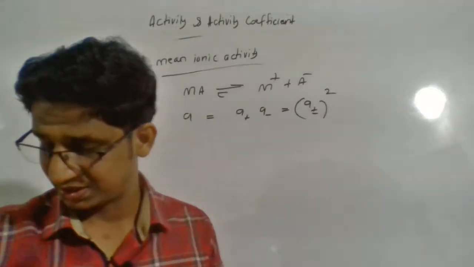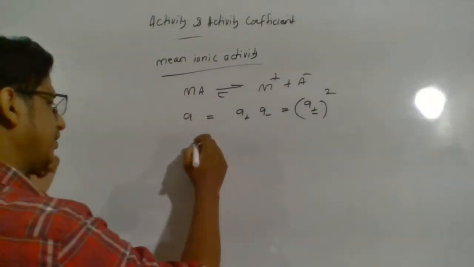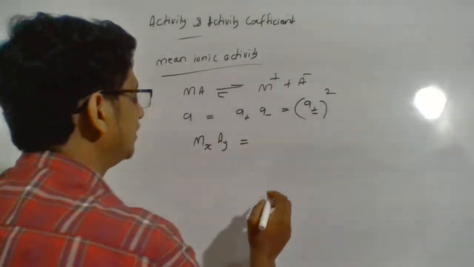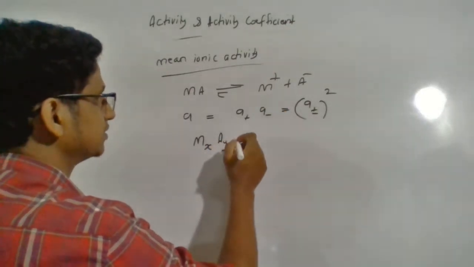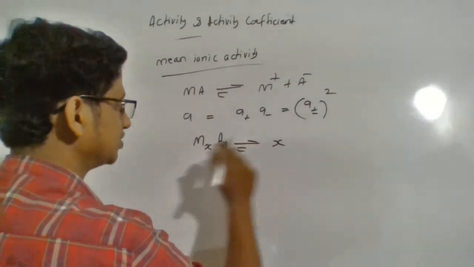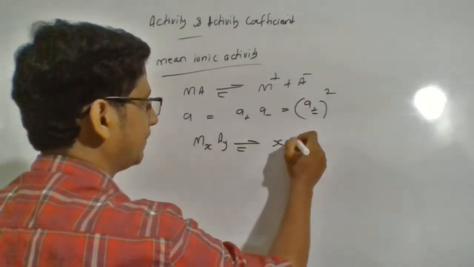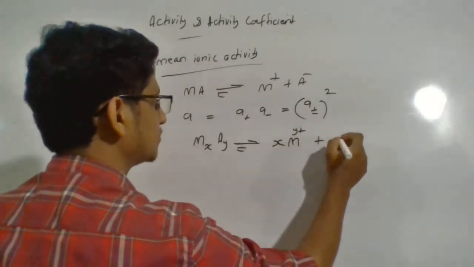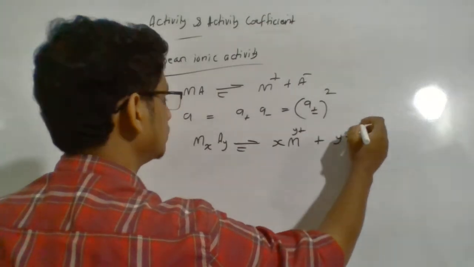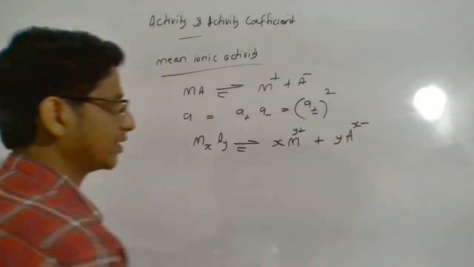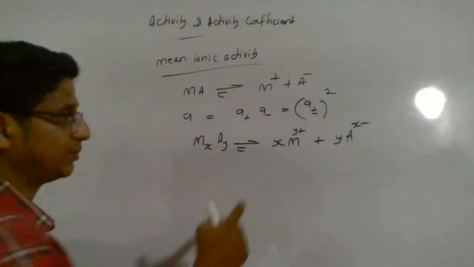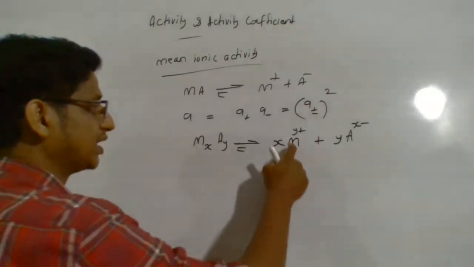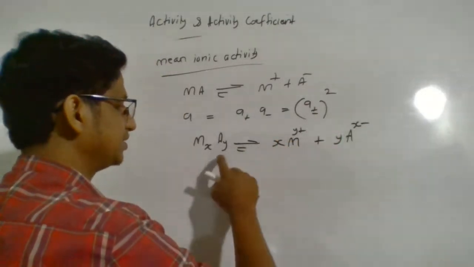Now let us change that equation for an electrolyte like MxAy. How can you write the dissociation? As x M raised to y plus, y A raised to x minus, because y plus will be the valency, the charge of this cation, and x will be the charge of this anion.